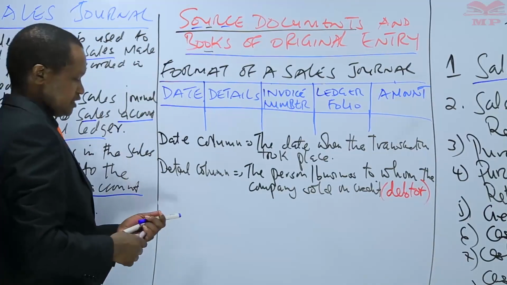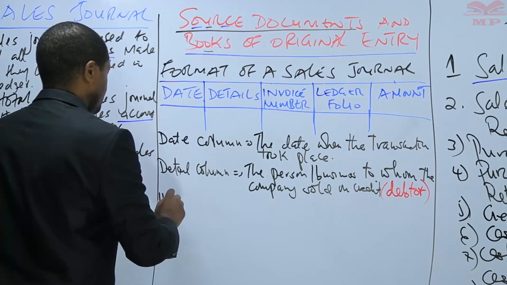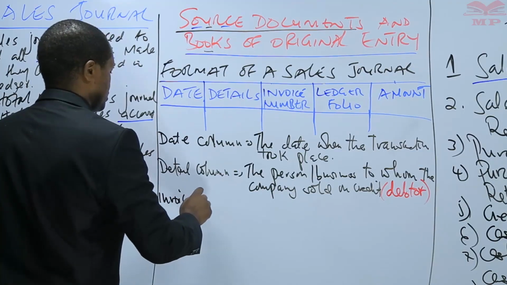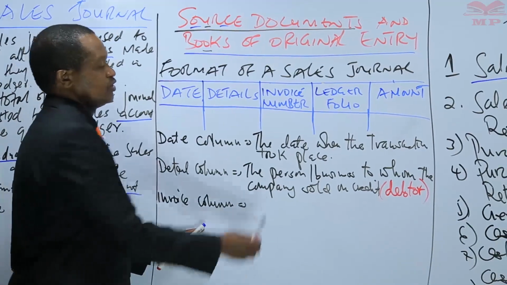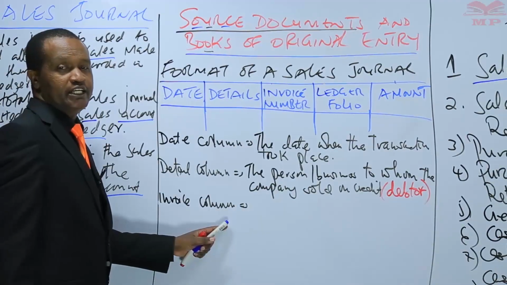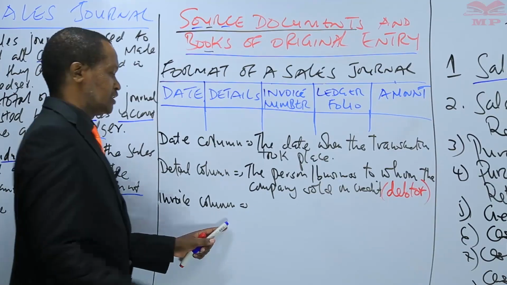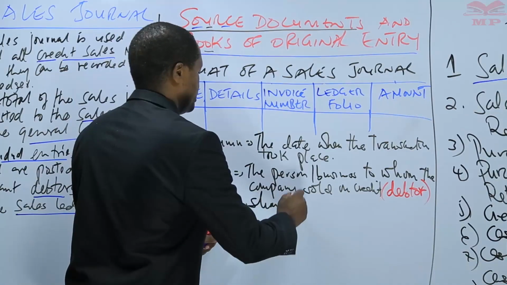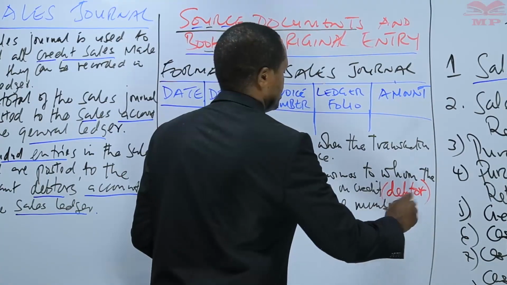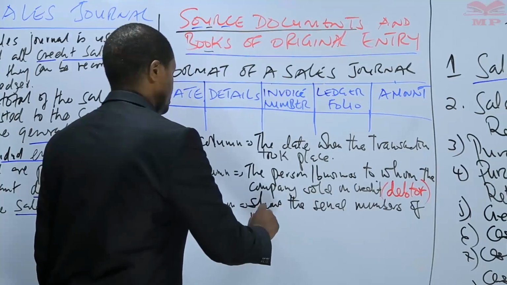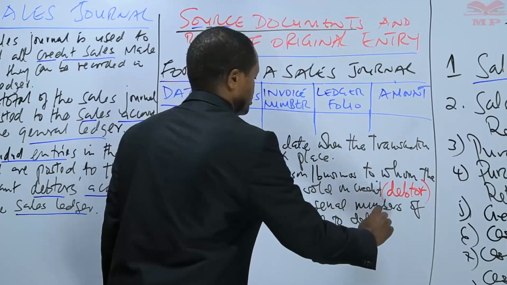Then there is the invoice number column. Now, this column shows the serial number of invoices that are issued to the debtors.